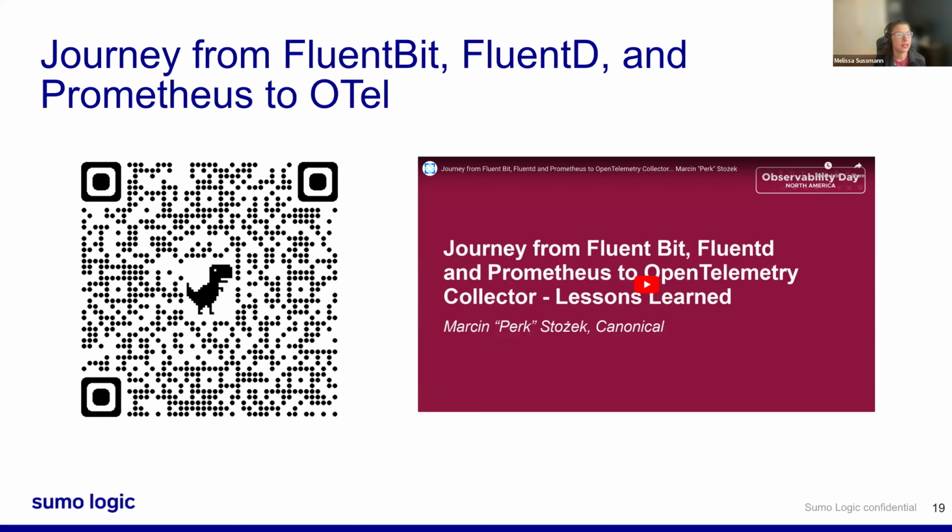And this is where he details the journey from FluentBit, FluentD, and Prometheus to using the OpenTelemetry collector and all of the lessons learned with that migration. If you pull out your phones and scan this, you can check out the talk. I don't think we need to watch the whole talk, but it's an interesting one if people want to see what happens with OTEL in action.